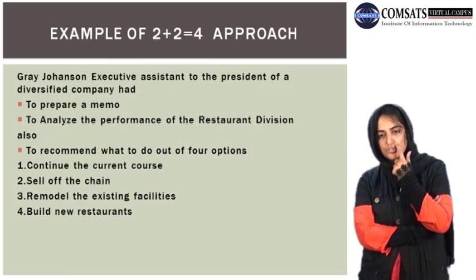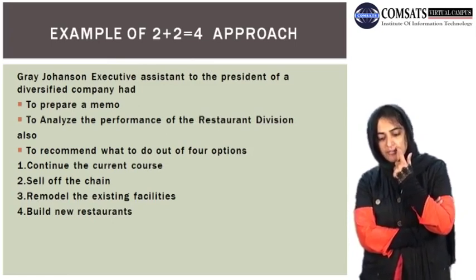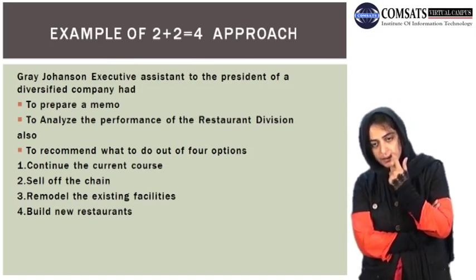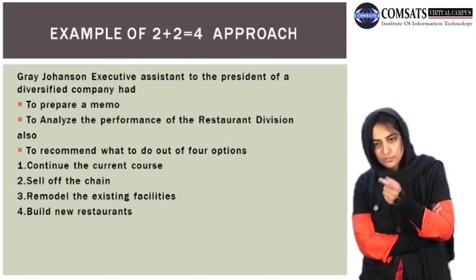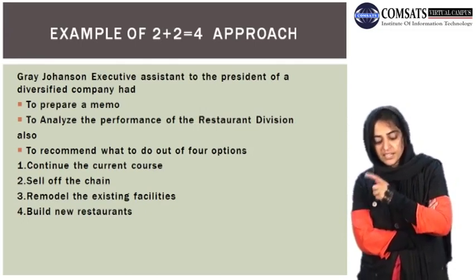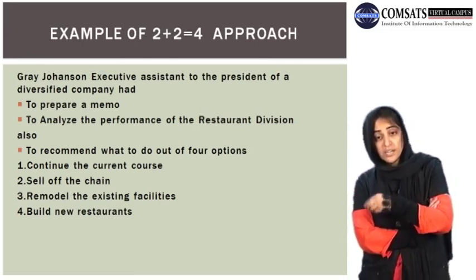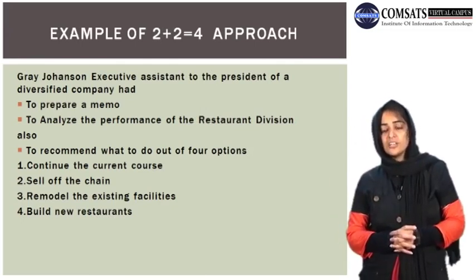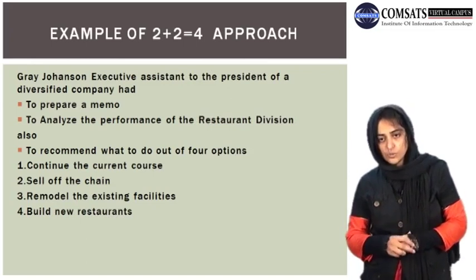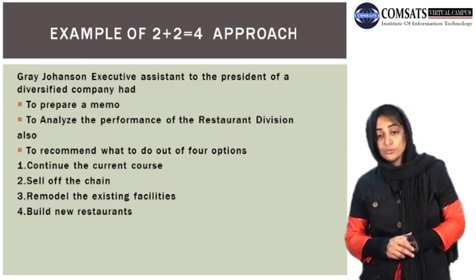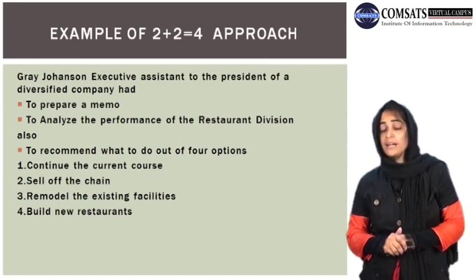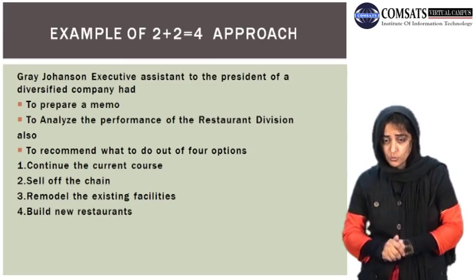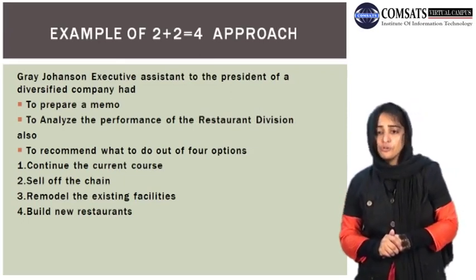So Mr. Johansson was given a job to look into the restaurant business that is already running: should they be expanding, selling it off, building new restaurants, or remodeling the existing facilities. To analyze the entire situation, Mr. Johansson is going to write an analytical report, and the method he will adopt would be 2 plus 2 equal to 4.